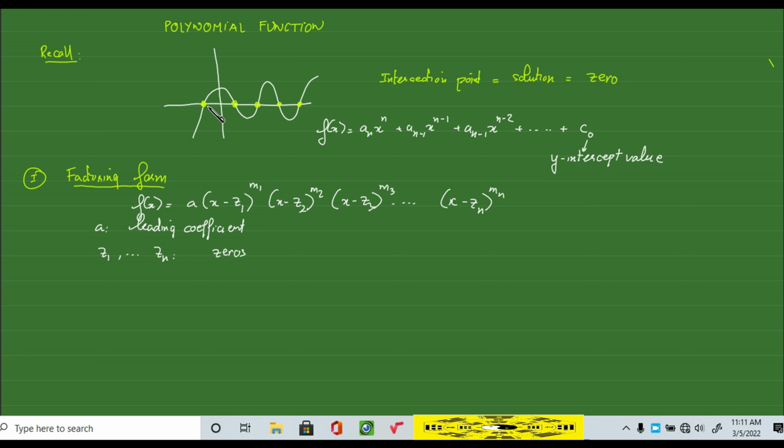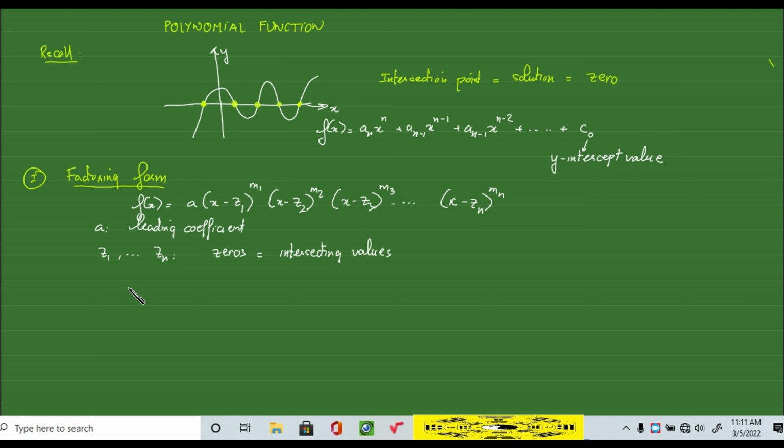It's a solution, or actually it's the intersection value. I'm going to call this intersection value, so 0 or intersecting value between the graph and the x-axis. So this is the x-axis.